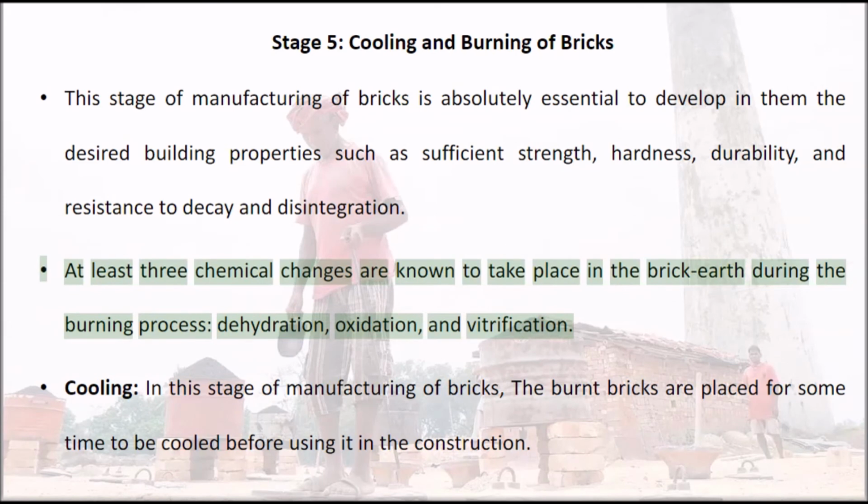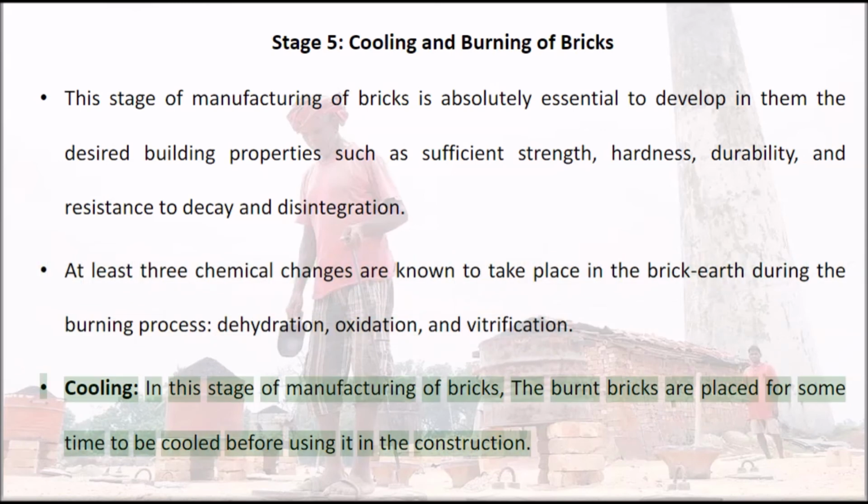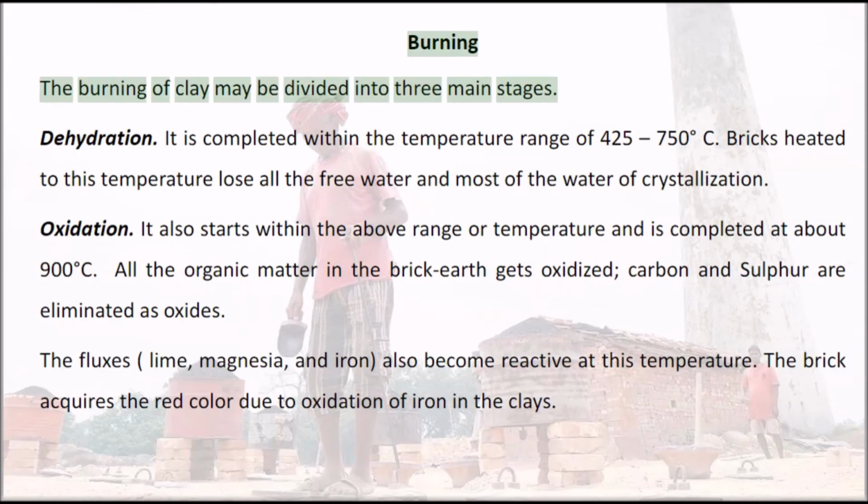Burning. The burning of clay may be divided into 3 main stages. Dehydration. It is completed within the temperature range of 425–750 degrees Celsius. Bricks heated to this temperature lose all the free water and most of the water of crystallization. Oxidation.